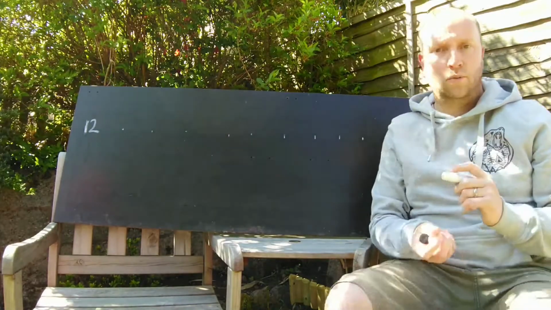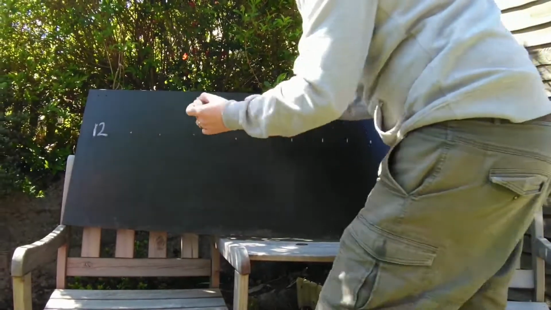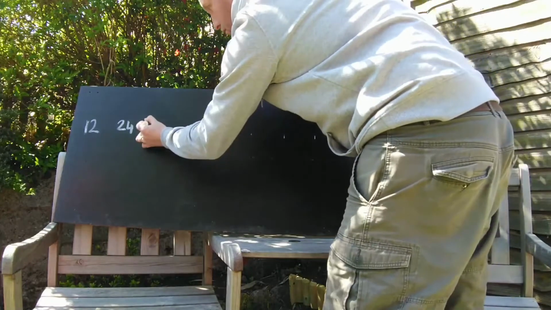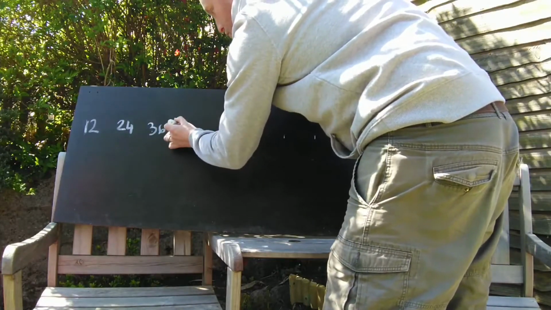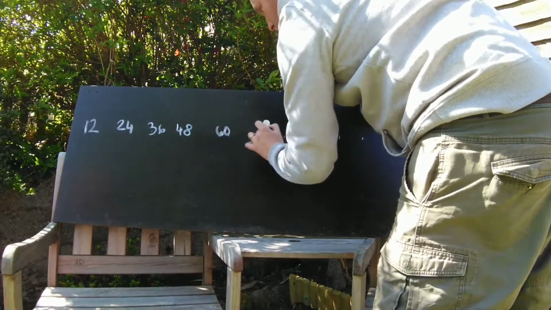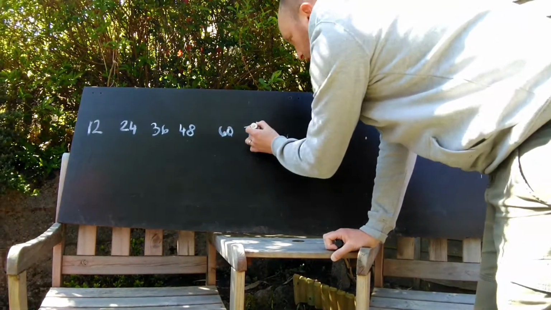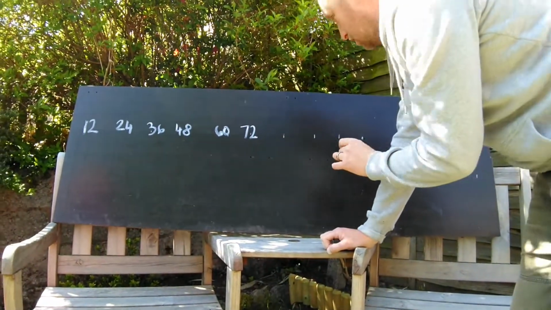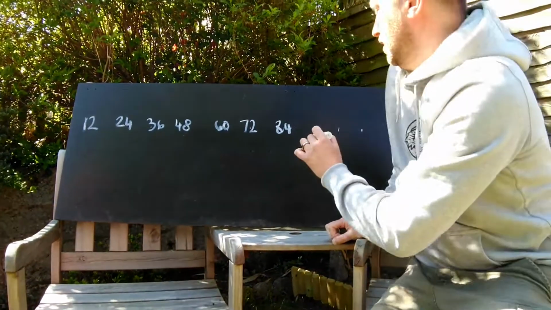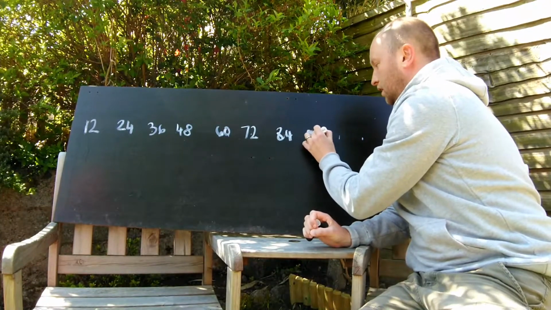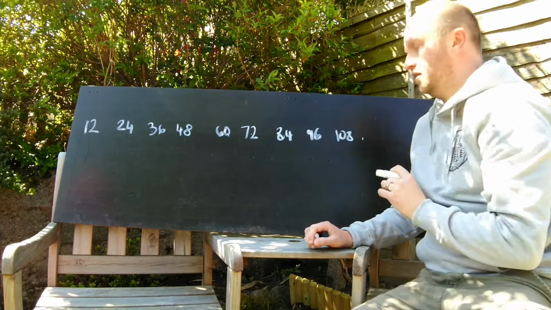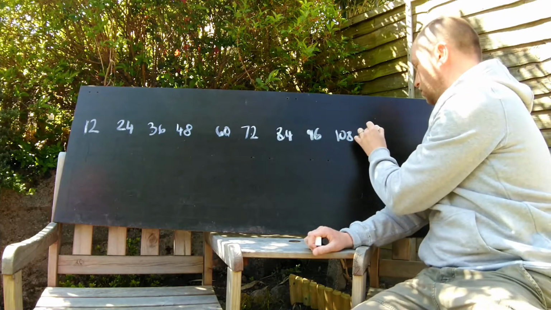So, 1 times 12 is 12, 2 times 12 is 24, 3 times 12, 36, 4 times 12 is 48, 5 times 12 is 60, 6 times 12 is 72, 7 times 12 is 84, 8 times 12 is 96, 9 times 12 is 108, and 10 times 12 is 120.